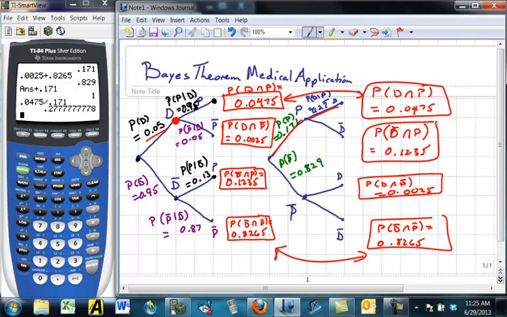And that's going to be the probability of D given P. Probability that you have the disease given that you tested positive, about 28%.